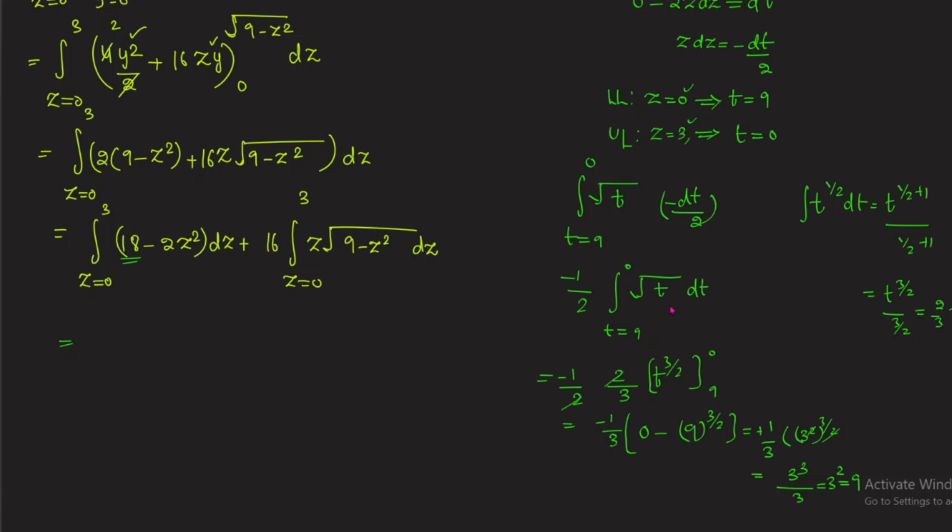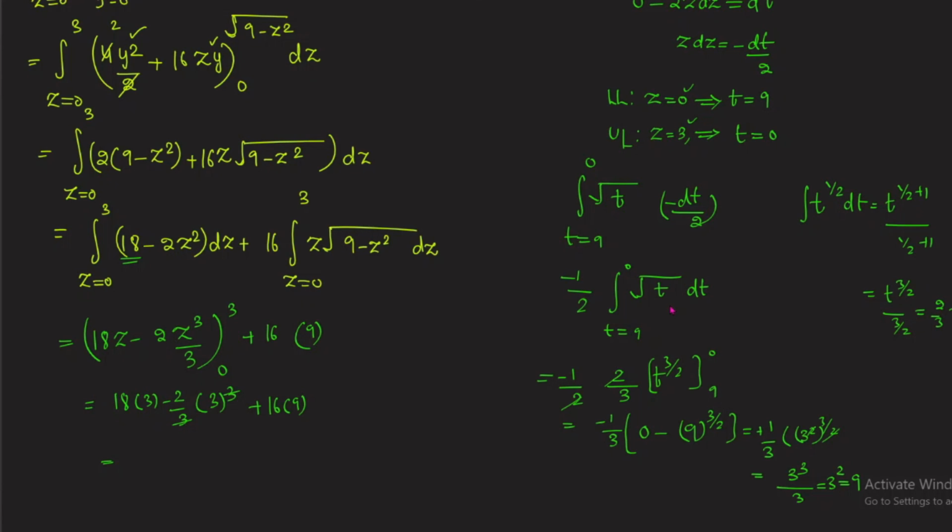Now for this, we'll get 18z minus 2, z square integration will be z cube by 3, from z equal to 0 to 3, plus 16, the integration of this term we got as 9. Now put 3 in place of z, so 18 into 3 minus 2 by 3 into 3 cube, upper limit minus lower limit will be 0, plus 16 into 9.